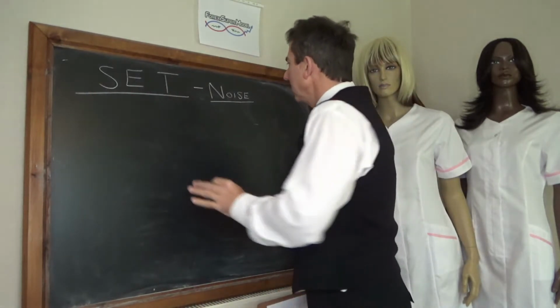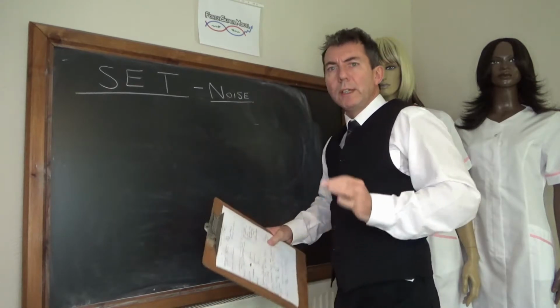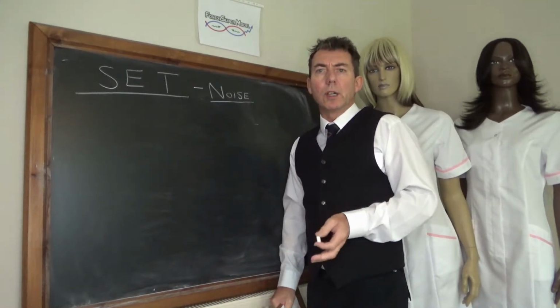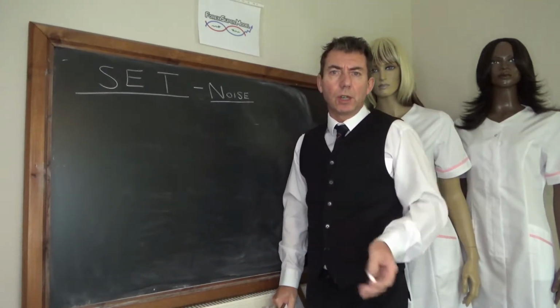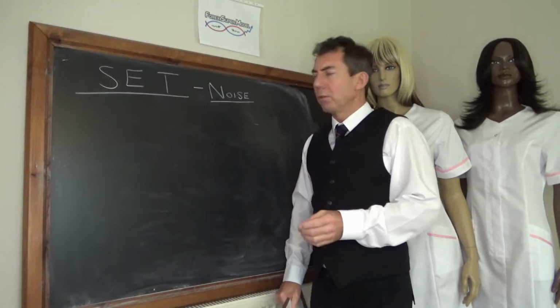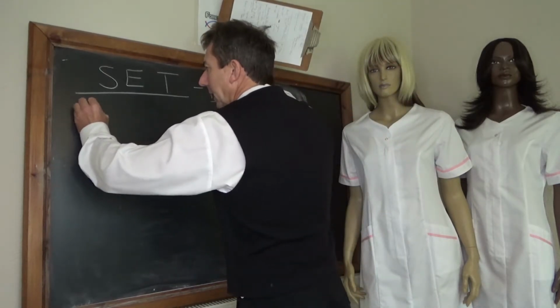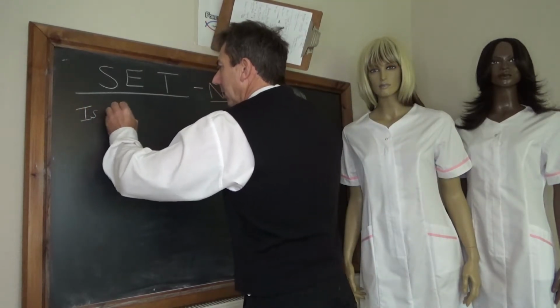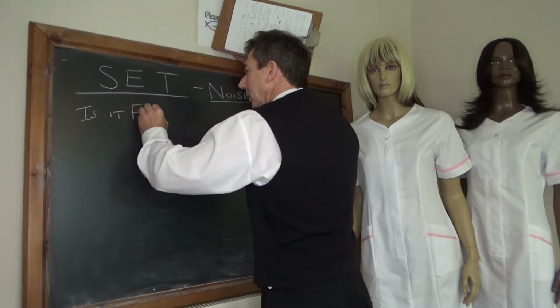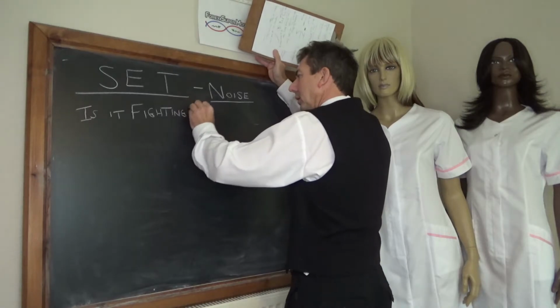Now, we'll talk about noise in a minute, but the way we tend to look at sentiment, expectations, tone, noise, etc., is fundamentally in the following way. We look, is it fighting the metrics?